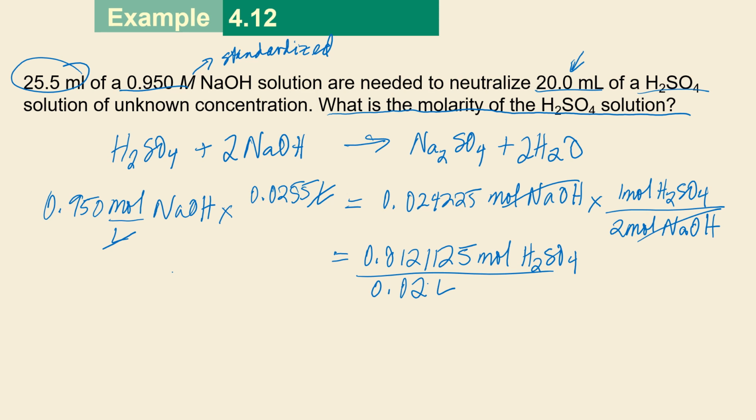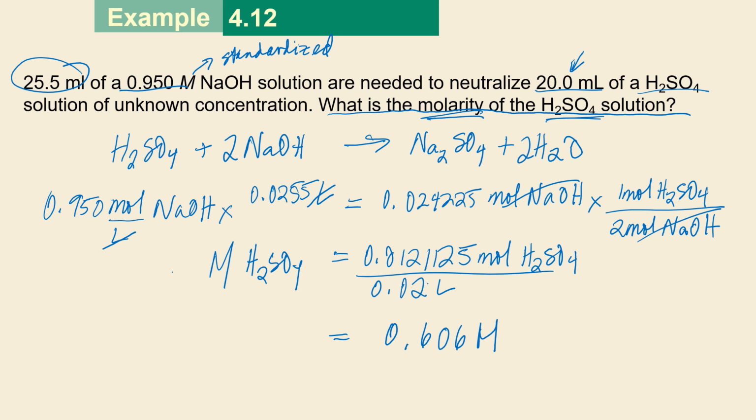And I'm going to get a molarity of my sulfuric acid, which is our question, right? The molarity of H2SO4 is going to be 0.606 molar, 3 sig figs.